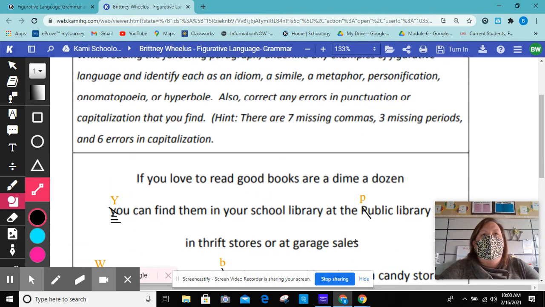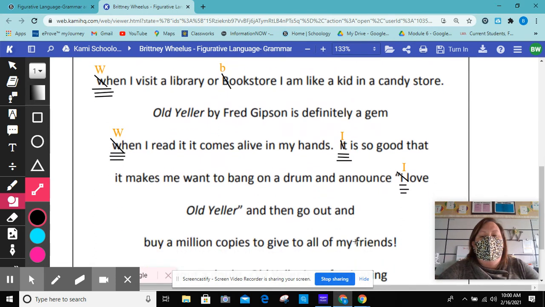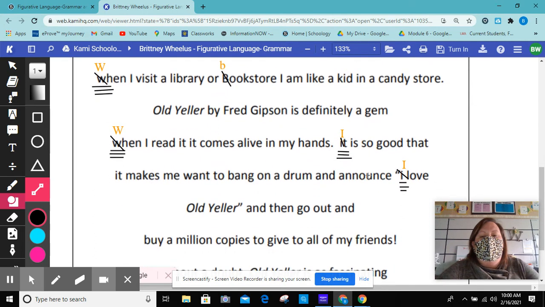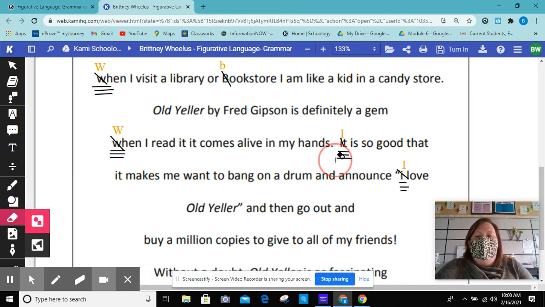What's the last one? I see what part of the problem is. This right here does not need to be capitalized.